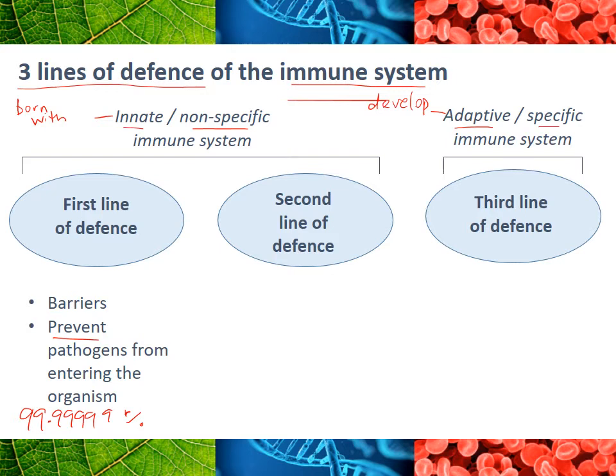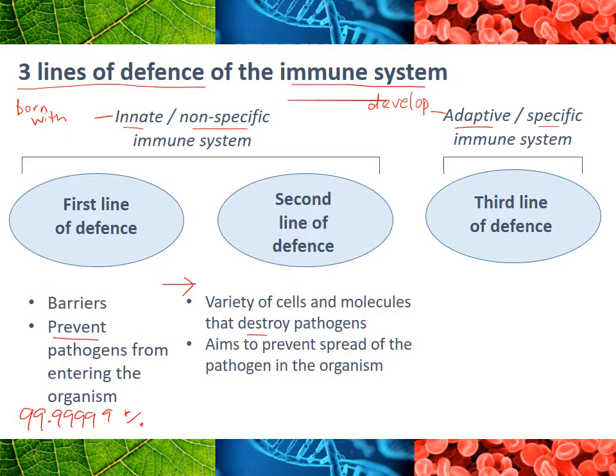Okay, if pathogens do get in, we move to the second line of defense. Okay, this involves a variety of cells and molecules, and their job is to destroy pathogens that have entered the body. Okay, so the first line of defense has been breached, and now we try to destroy those pathogens.